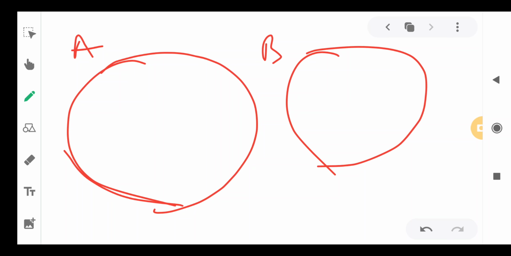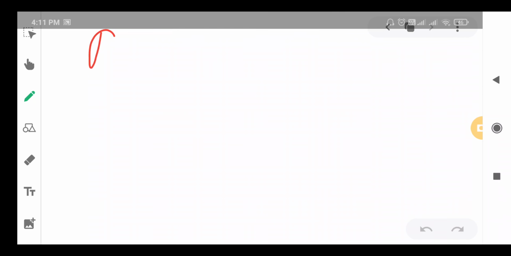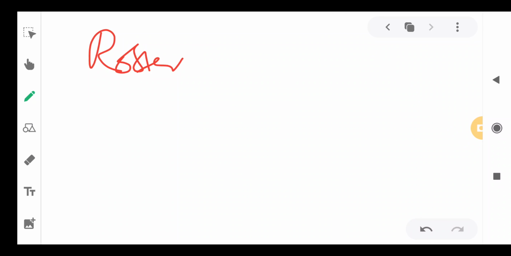And there is another method, which is called set builder form. In this case we write the definition, the principle or the property of the set.